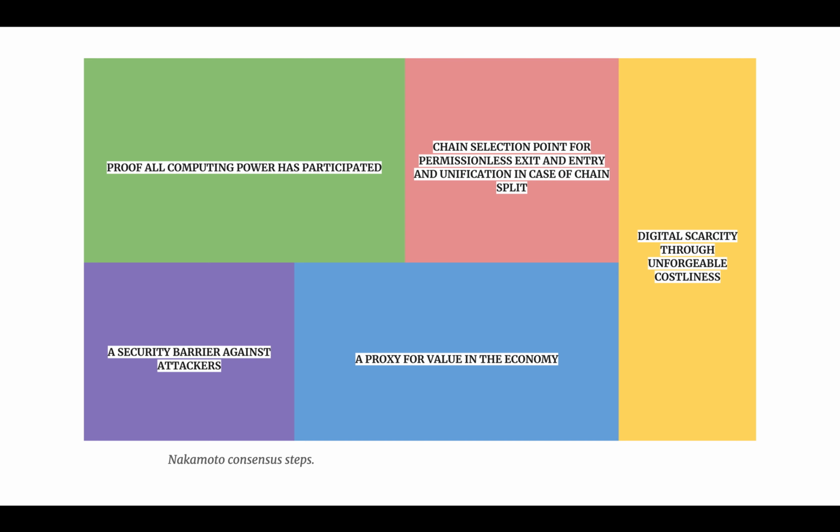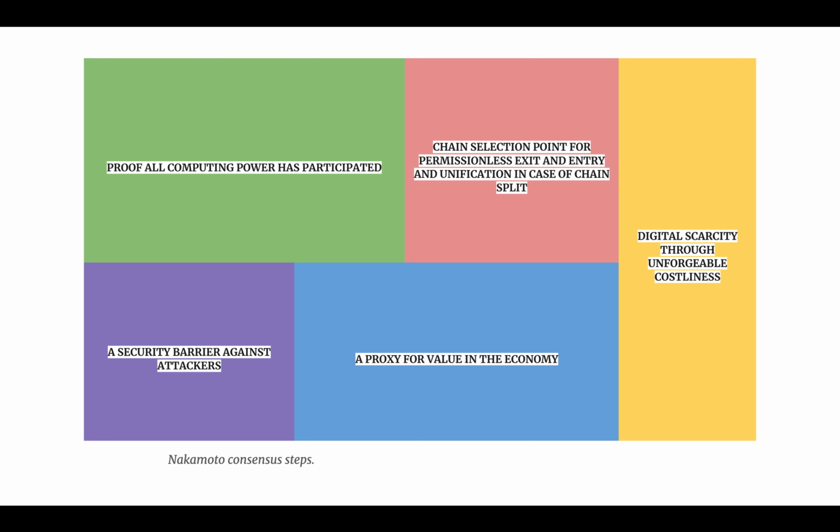4. Digital scarcity through unforgeable costliness. As explained by Nick Szabo in his seminal paper Shelling Out: The Origins of Money, unforgeable costliness is the concept that sound money must not only be durable, transferable, portable, divisible, and fungible, but also costly to create.